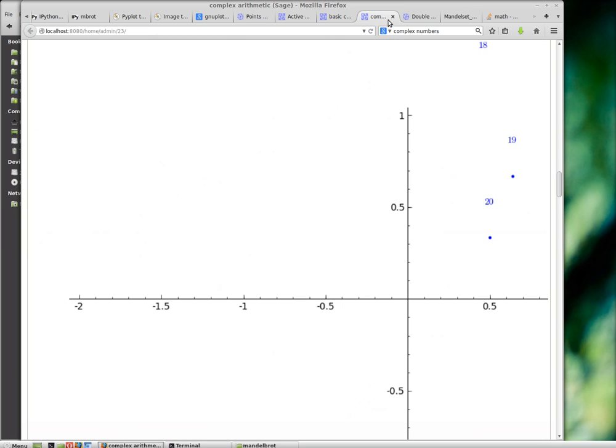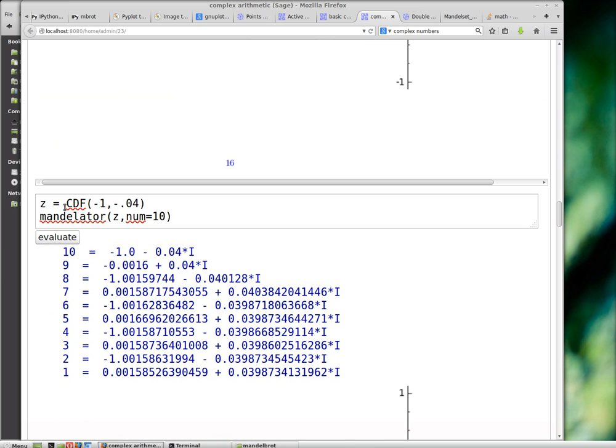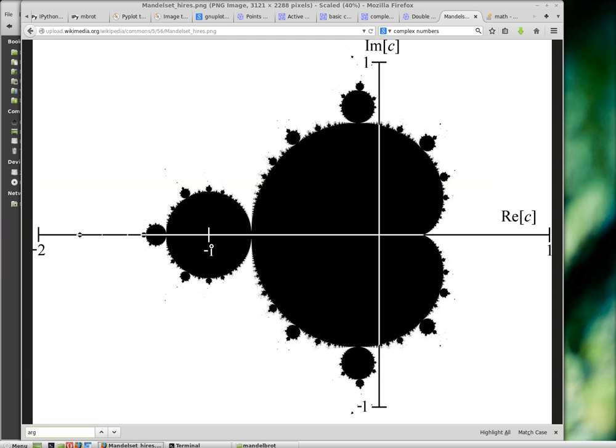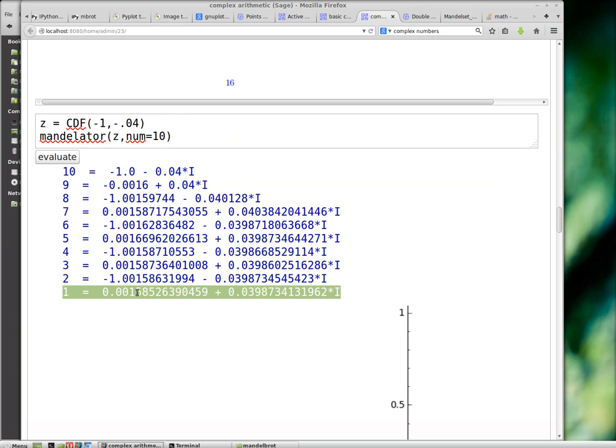Okay, so let's check out what happens with another number. So let's just reset z to be -1 and this small negative number, and that's a point right about here, and it's supposed to be in the Mandelbrot set. So let's see what happens. So we do a few iterations, and these numbers are not exploding like they did last time.